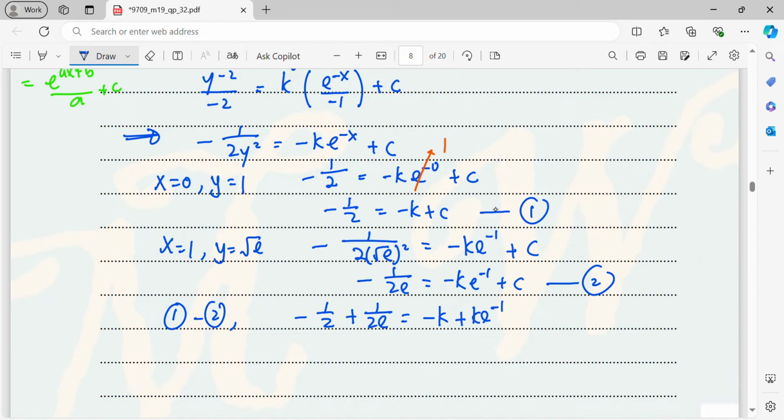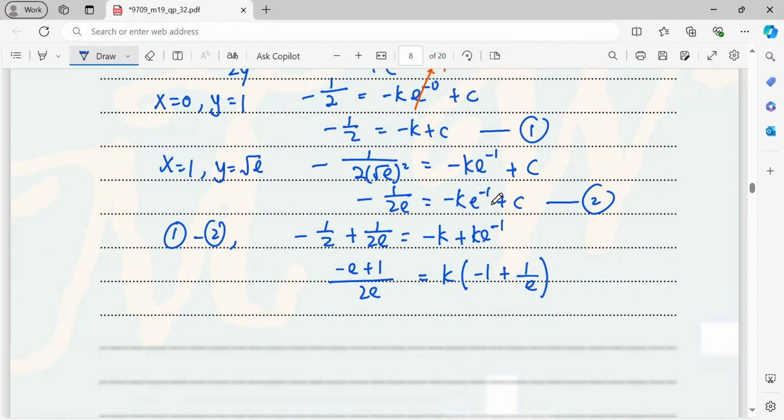Then now to get the k here, I will simplify the left and right side. Okay, so on the left side I will make the denominator 2e, which means the first term I need to times by minus e. So my numerator now becomes negative e plus 1. Then for the right side, I will factorize the k. Once I factorize the k, I get negative e plus negative 1 plus 1 over e.